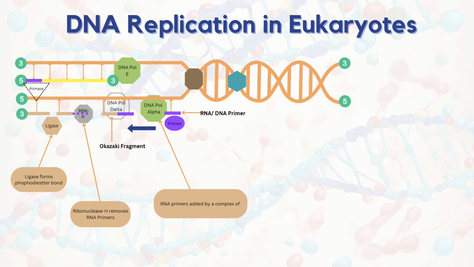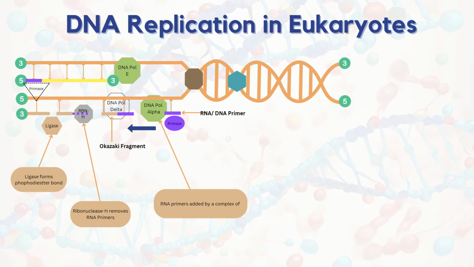More extensive duplex unwinding occurs due to association of RFA and topoisomerase 1 with the help of DNA helicase. Topoisomerases help in unwinding DNA by altering the topology of DNA at the replication fork. RFA or single-stranded binding proteins bind to unwound DNA strands.